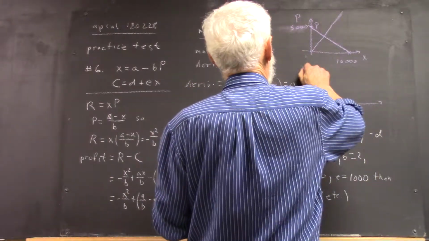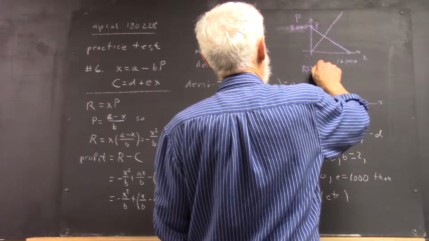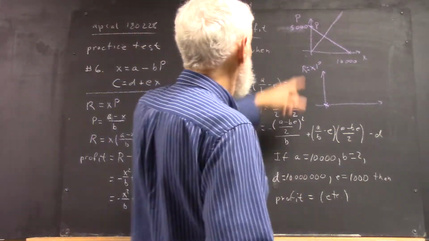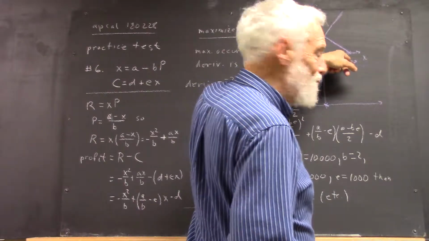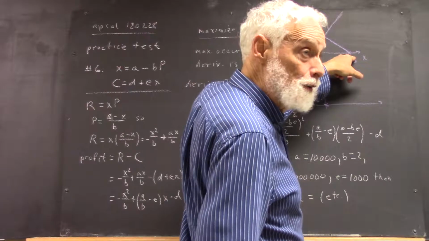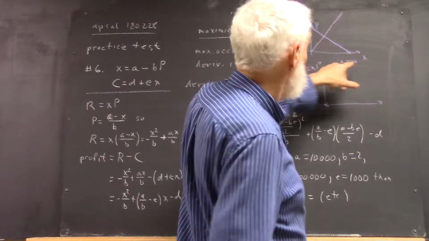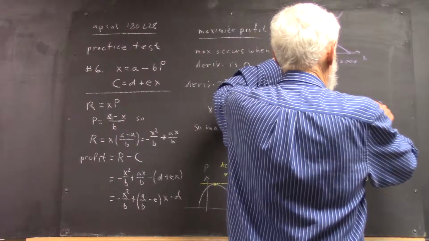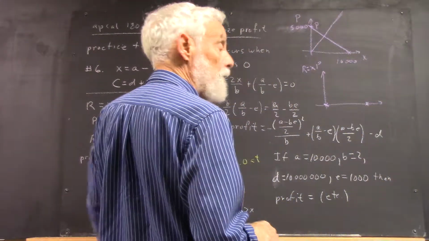We're doing the revenue function now, that's x times p. Also, when p is 0, the revenue is going to be 0. If you don't charge anything, you're not going to get any revenue. If you don't sell any, you're not going to get any revenue. So we have a point on the graph here.